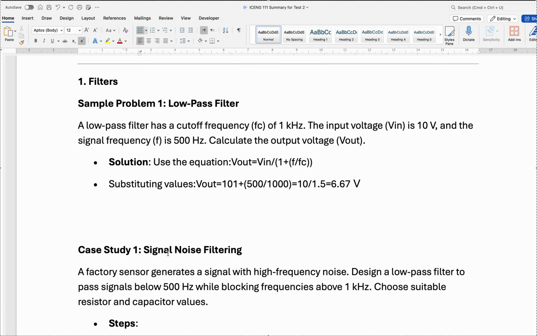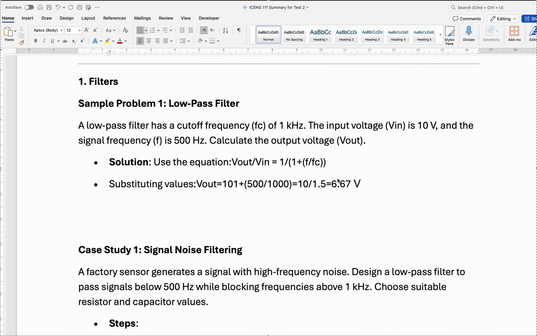So if we look at the equation, for example, we looked at last time, the low pass filter having cutoff frequency. So we have FC, the input voltage, we have Vn, we have the signal frequency, which is 500 hertz, and we have to calculate the output voltage. So the output voltage will be V out divided by Vn, if you can recall. So the equation was V out divided by Vn is equal to 1 divided by 1 plus F over Fc to the power 0.5.